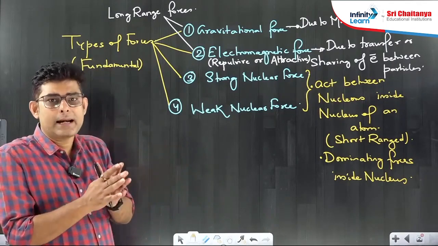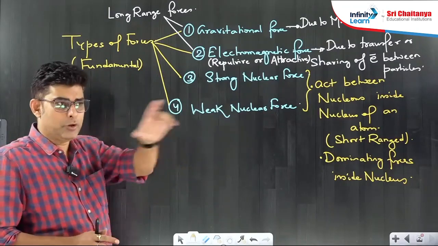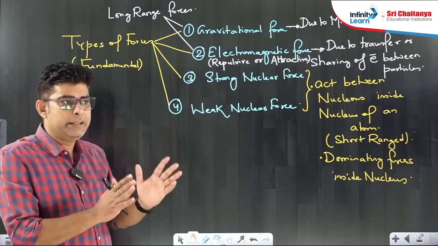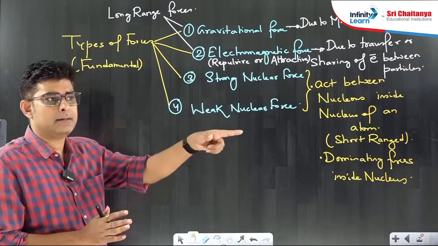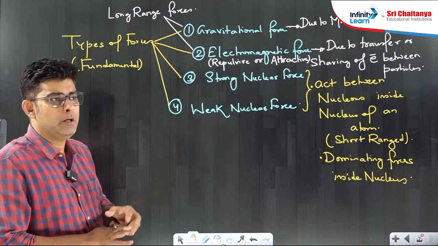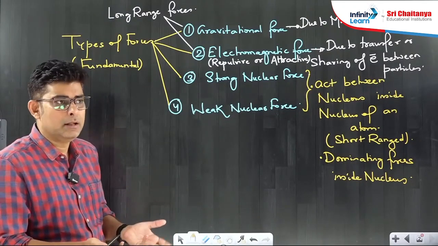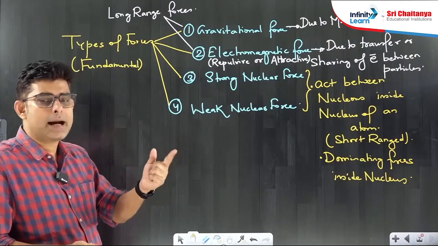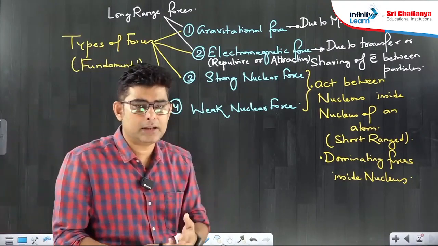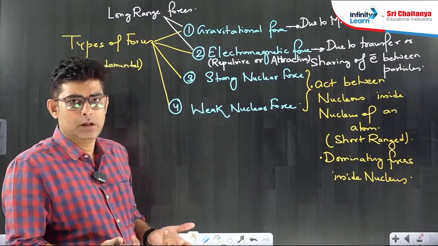Suppose two forces are acting on a body, 10 Newton and 2 Newton in the same direction. What will you call as the net force? 10 Newton and 2 Newton both are acting in the same direction on a body. What is the net force? Net means resultant. Yes, it is 12 obviously. And if 10 Newton and 2 Newton are acting in opposite directions, what is the resultant force or the net force? 8 Newton. Understood?